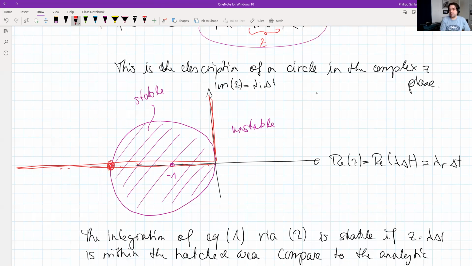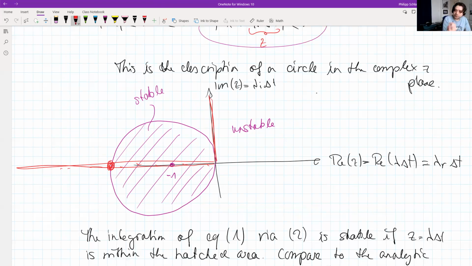So that means I cannot time integrate the Dahlquist equation if lambda is purely imaginary. That is not possible because it will always be unstable.